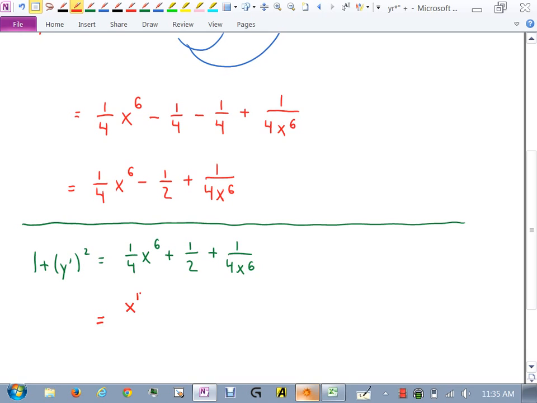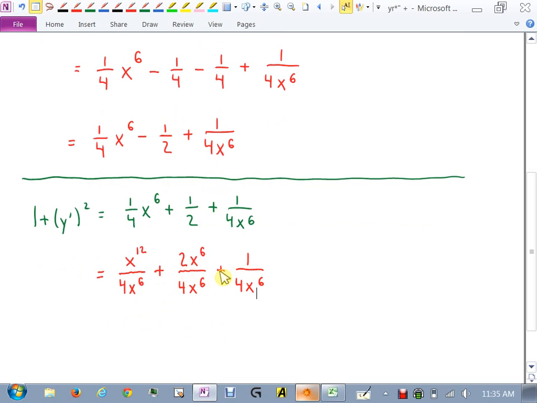X to the 12th over 4x to the 6th plus, what do I need to multiply top and bottom by here to get a 4x to the 6th? 2x to the 6th on top and bottom. 2x to the 6th on top. That'll create your 4x to the 6th on bottom. The last one, nothing, just leave it.